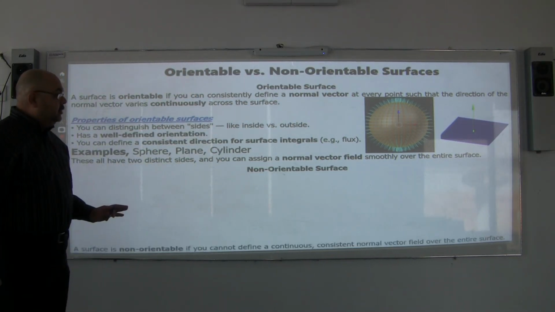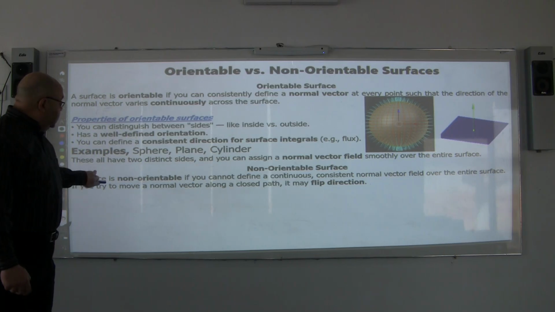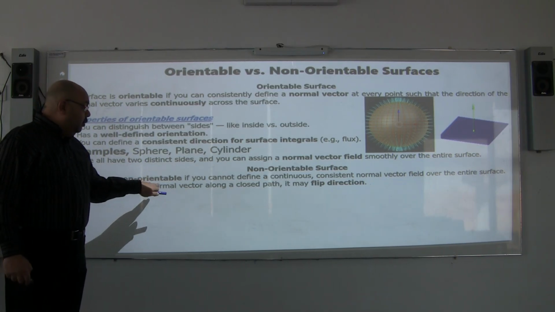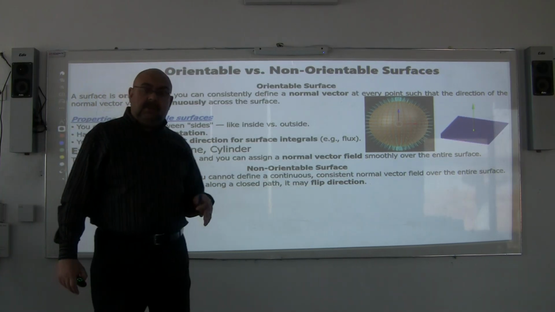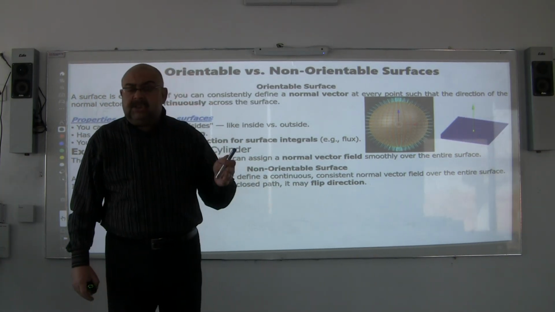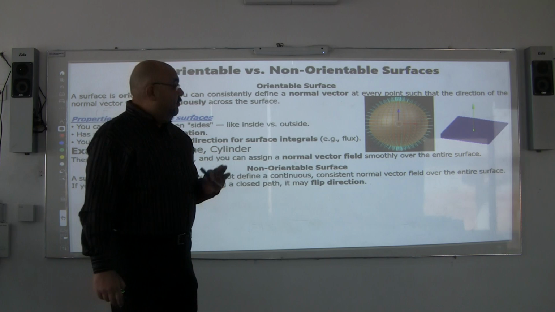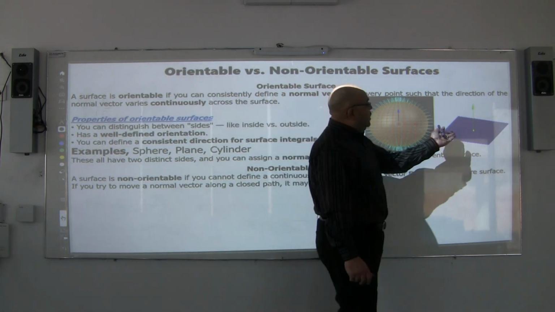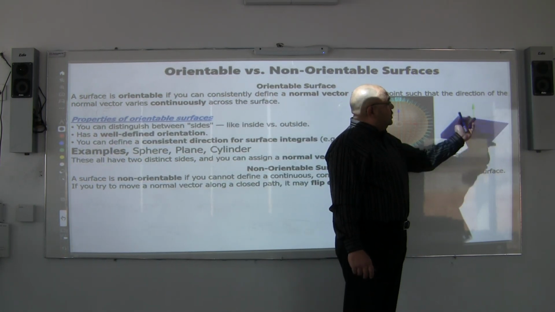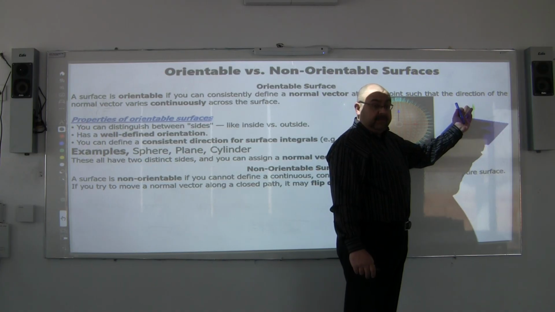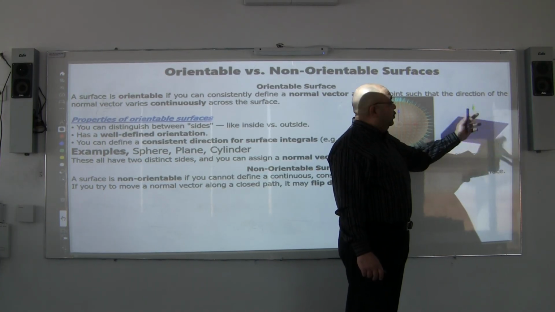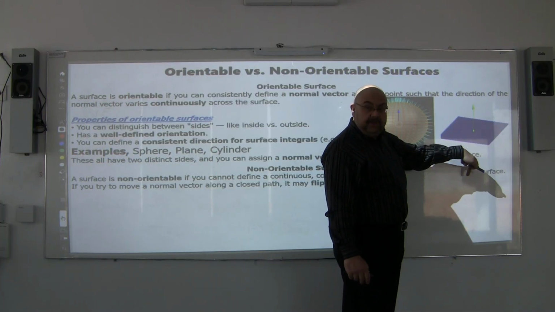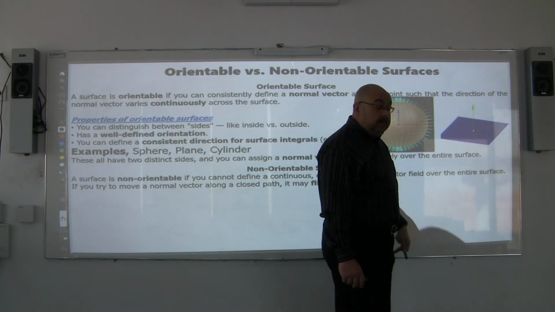A surface is non-orientable if you cannot define a continuous or consistent normal vector between the outside and the inside. For this plane, that's the positive direction of the normal vector above the plane, and the negative direction will be the opposite, going down.